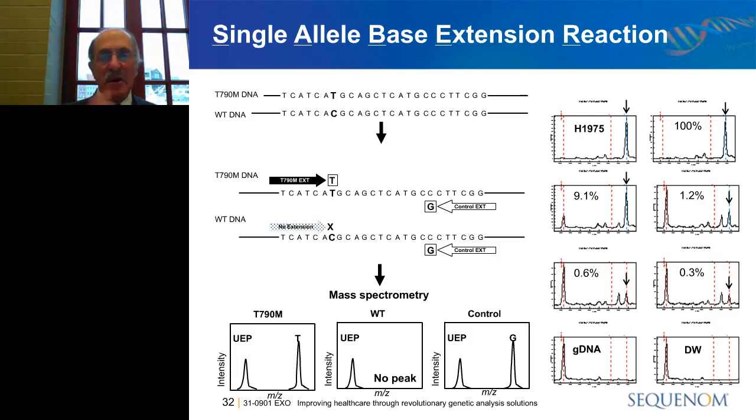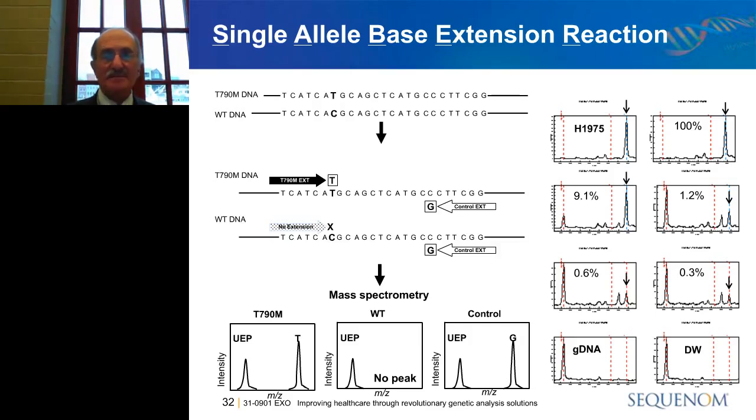So to solve this problem, what we do is we omit the substrate that allows the sequencing primer to extend on the wild type template. We add only substrate that allows the sequencing primer to extend on the mutant template, and therefore we essentially eliminate the wild type peak from the mass spectrum, and now we only see the mutant peak.